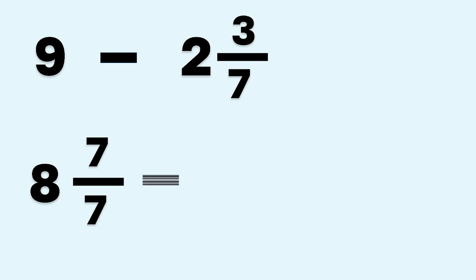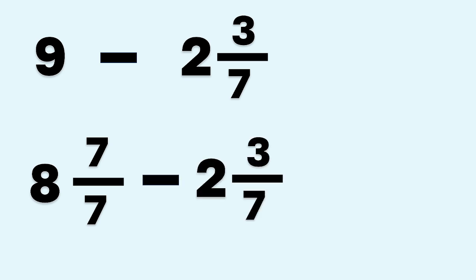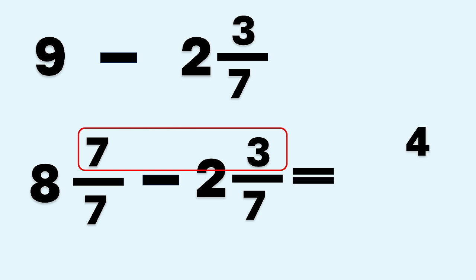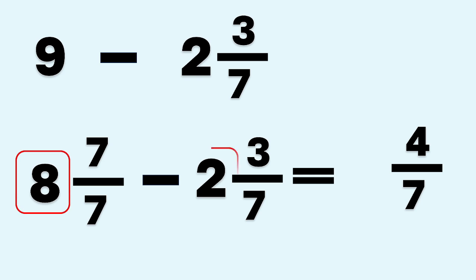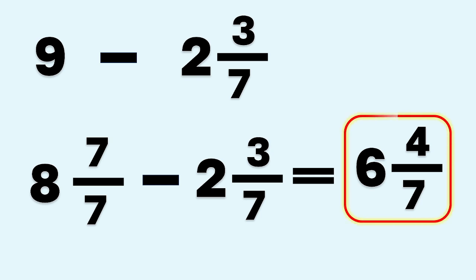Now, we can subtract the numerators. We have 7 minus 3 equals 4. Then copy the denominator 7 and subtract the two whole numbers. We have here 8 minus 2 equals 6. So our final answer is 6 and 4/7.